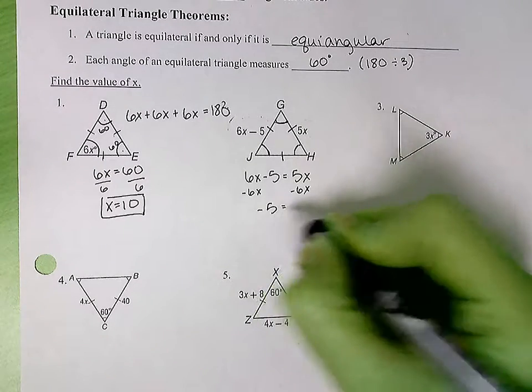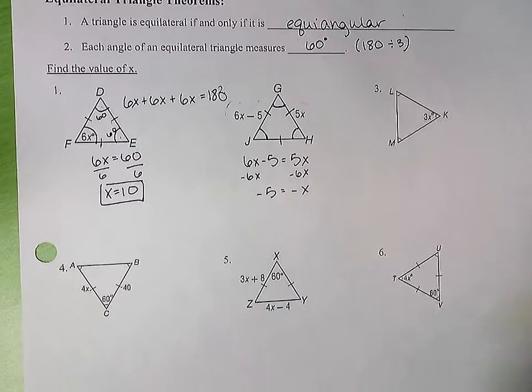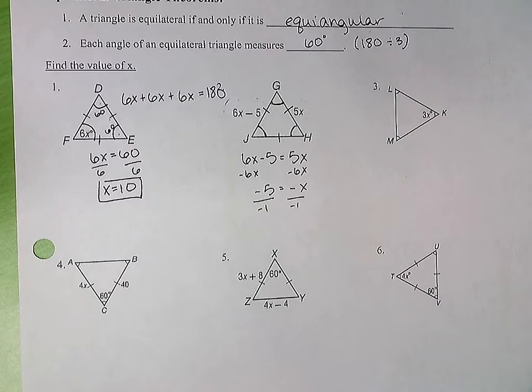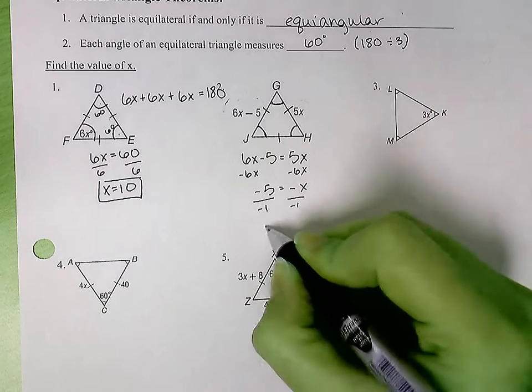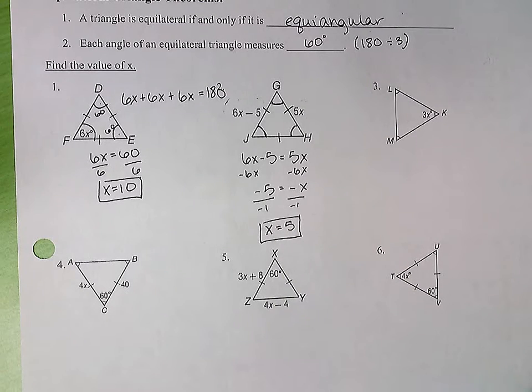So I have negative 5 equals negative x. Okay, I don't want that x to be negative, so I'm going to divide both sides by negative 1. Okay, so you should get x is equal to 5. Questions on the first two?